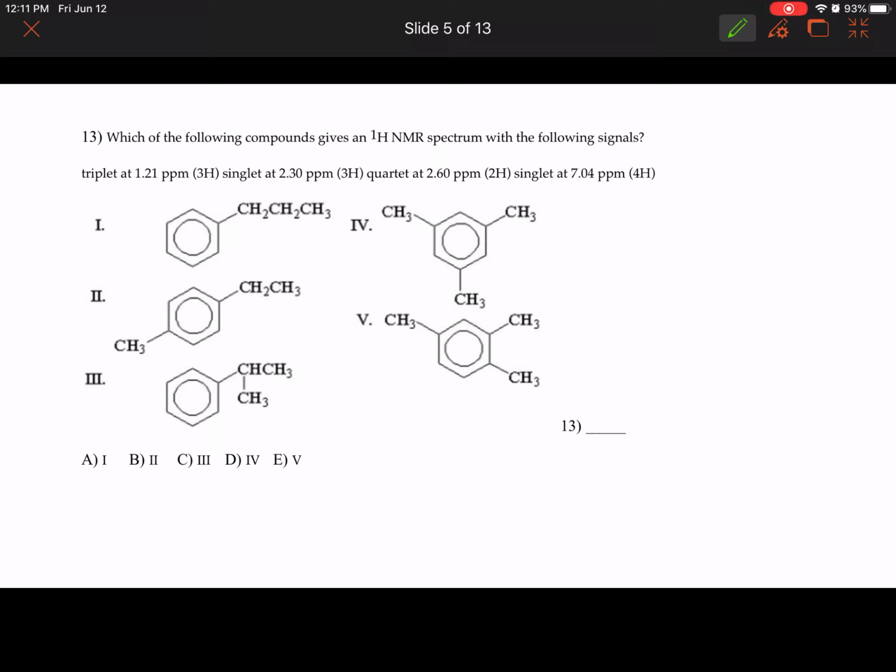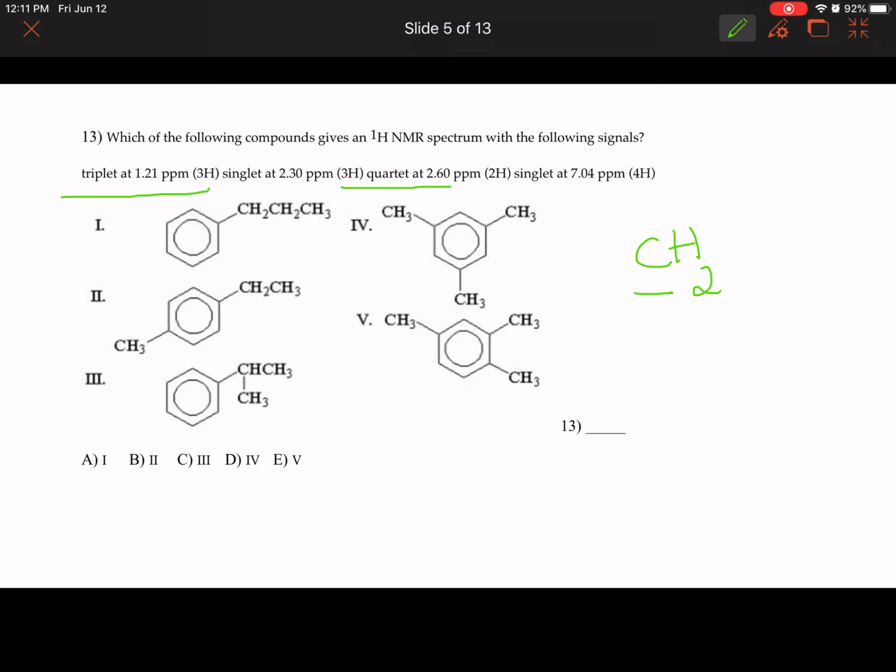How do you get a triplet? You get a triplet if you have a CH2 group next to the carbon of interest. So a triplet would result due to a CH2 group in a molecule. And then we are also given there is a 3 hydrogen quartet.